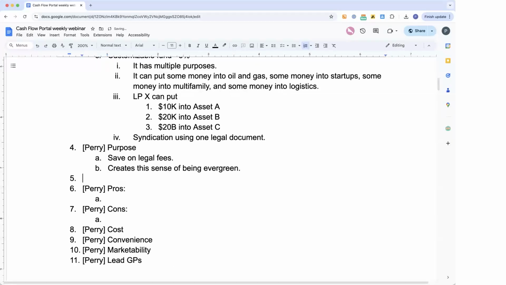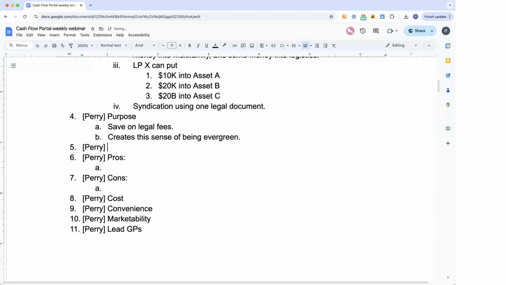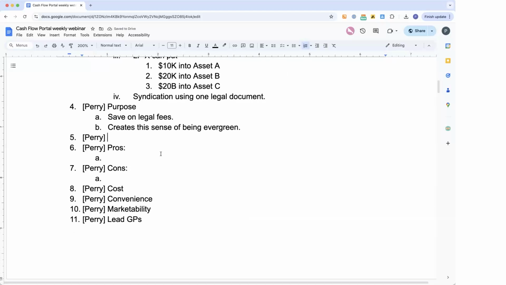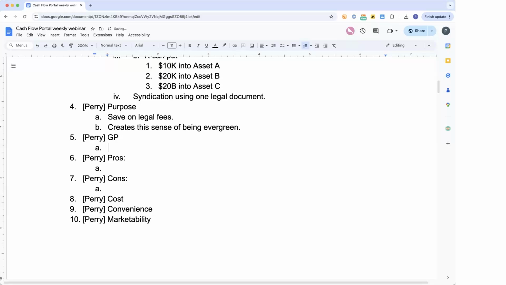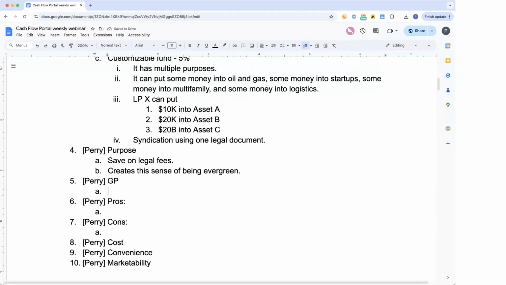Now, let me give you an example of savings. So I'm a GP and I am interested in many different things. I live in Houston. I have some connections to startups back at home, say in India, and I'm obviously close to people who are in multifamily, and I know some co-GPs from San Francisco or LA that are doing logistics.